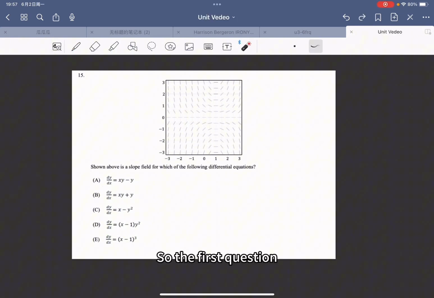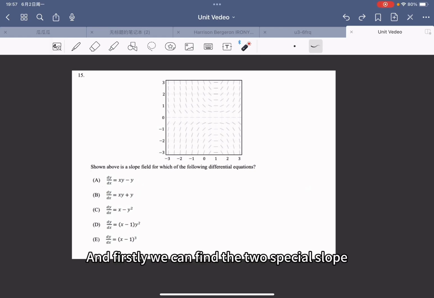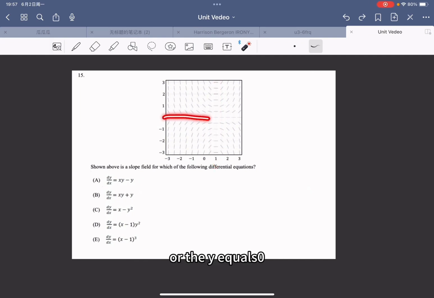So the first question: we need to identify which of the following differential equations satisfies the graph above. Firstly, we can find the two special slopes, when x equals 1 or y equals 0.